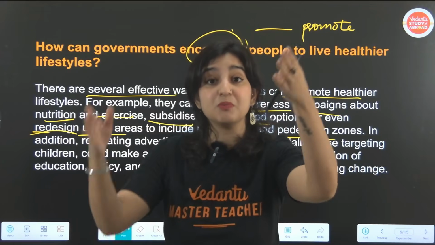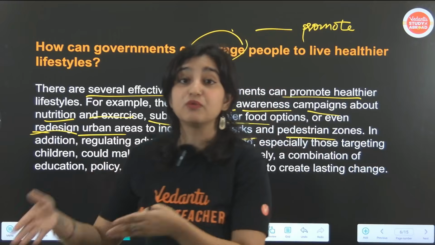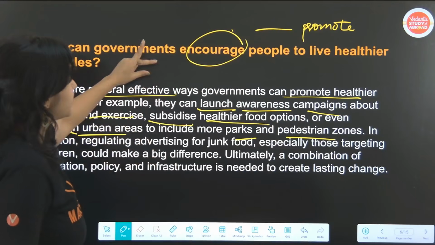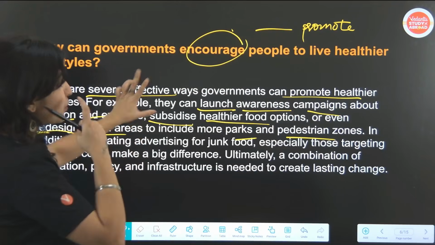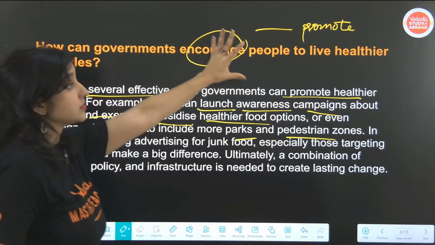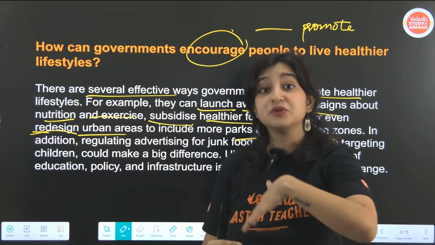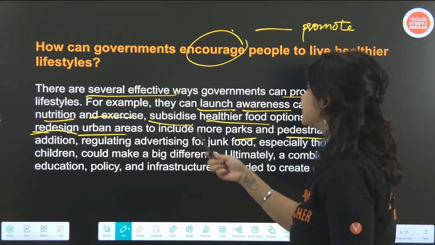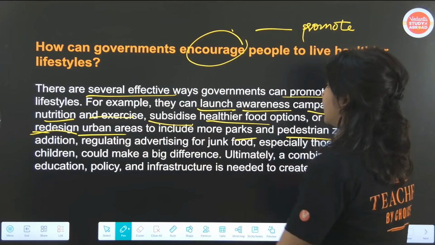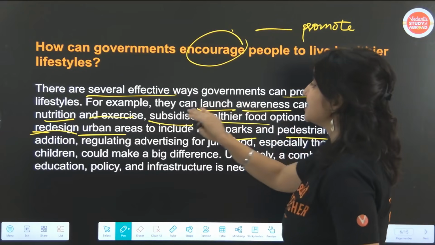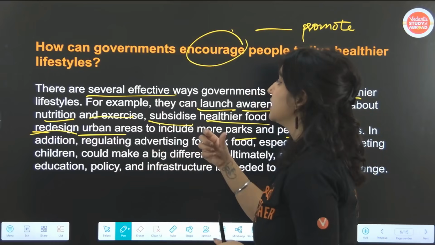That's why I keep telling you to make a list of topic-specific vocabulary. Here there are two topics, interplay of two topics. What are those two topics? First is health, second is government initiatives. So when it comes to government initiatives, words like subsidizing, redesigning, awareness campaigns, all of these come under government initiatives.